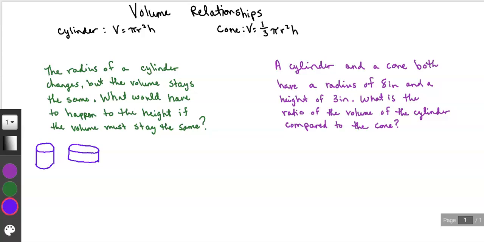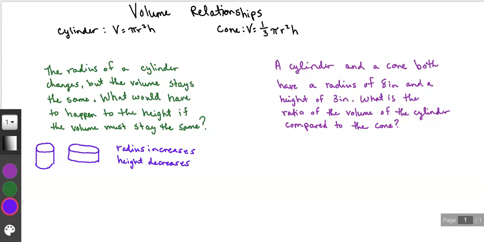So you could have one glass that's tall and thin, and another one that's thicker but really short. So if the radius increases, then the height has to do the opposite. It would have to decrease in order for that volume to stay the same.